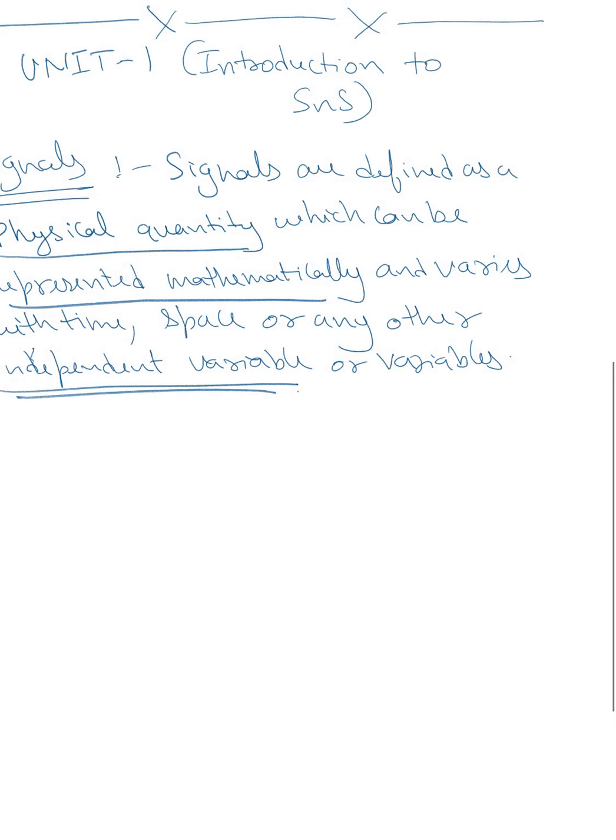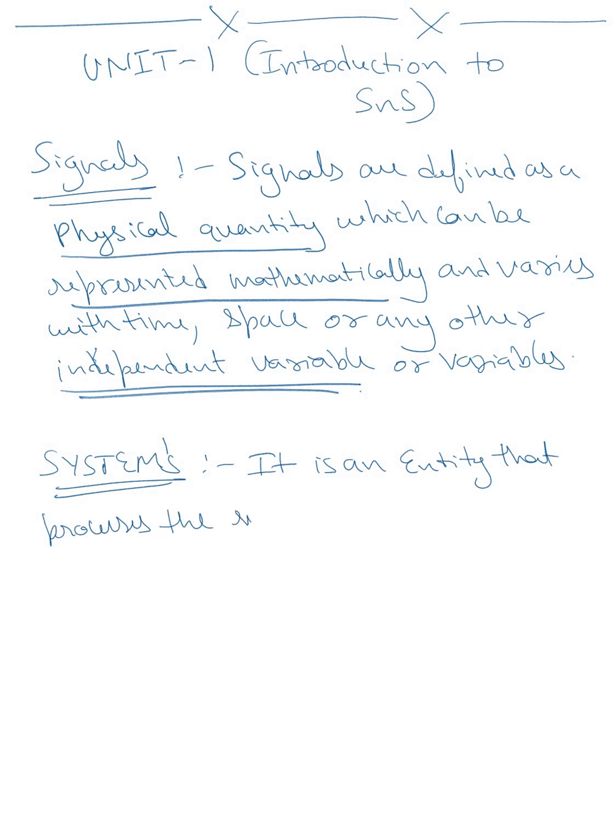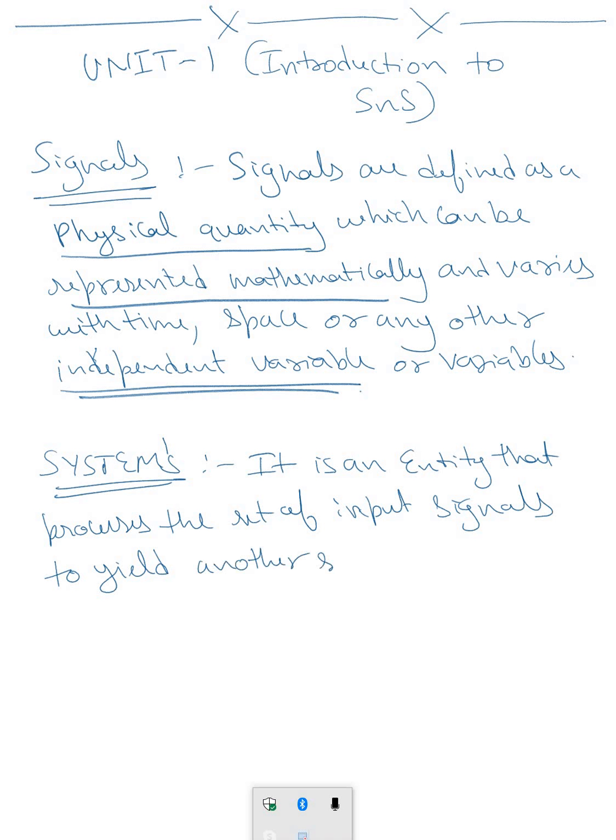Next, let us define systems. A system, on the other hand, is an entity that processes a set of input signals to yield another set of output signals.